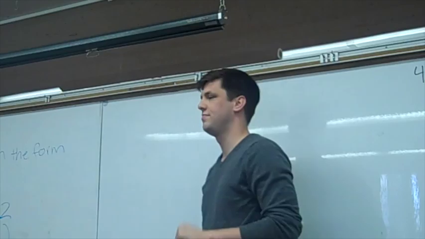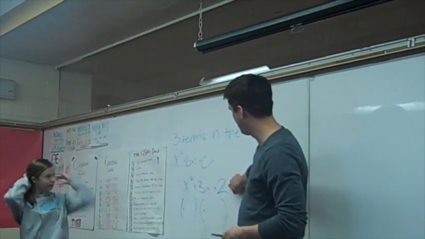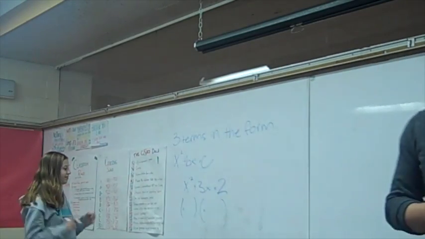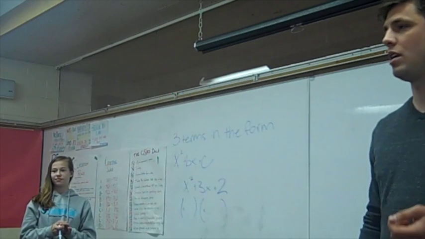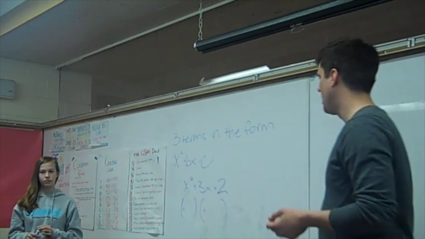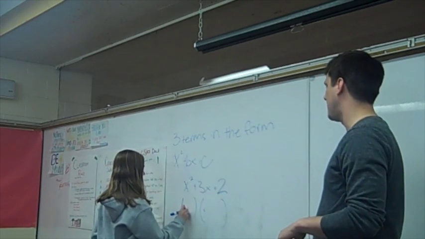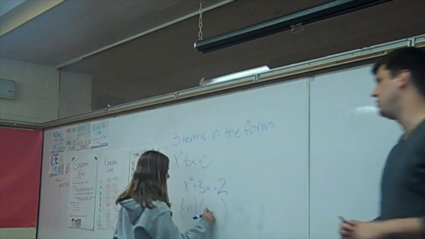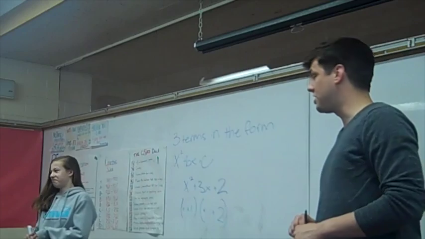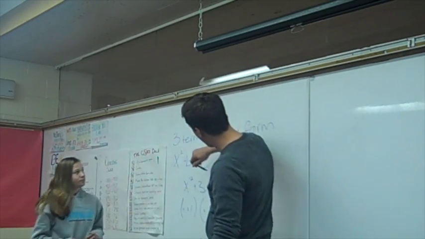Ellen says it's find 2 numbers that multiply to the last one, and then they add to the x coefficient. 2 numbers that multiply to 2 and add to 3. What are those 2 numbers? Sawyer? 1 and 2. Positive 1 and positive 2. And so you'd fill in those blanks with a plus 1 and a plus 2. So the trick is find a number that multiplies to 2 and that adds to 3.